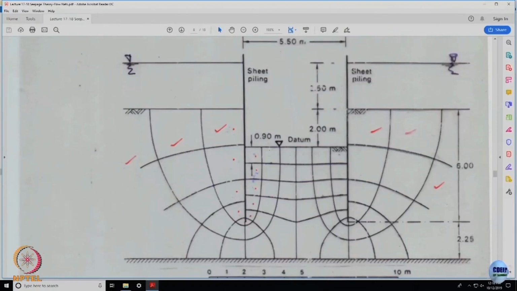Start counting it. First drop, second drop, third, fourth, fifth, sixth, seventh, eighth, ninth, 10th, meaning thereby the entire head has got dissipated in the porous media in 10 drops.